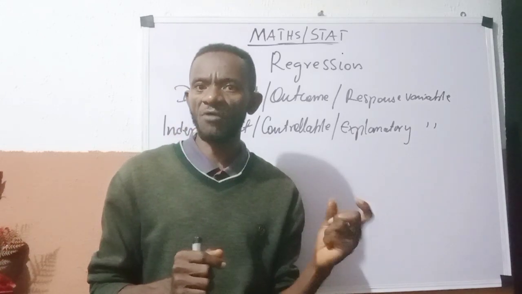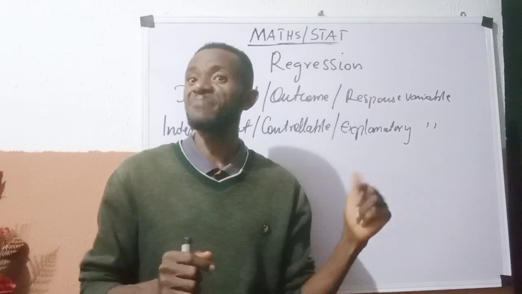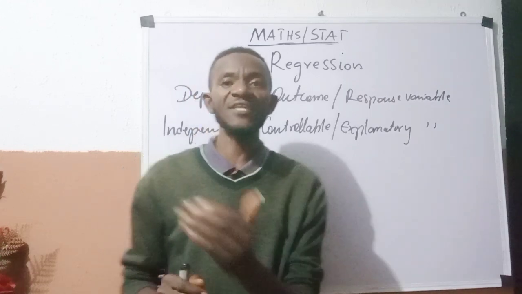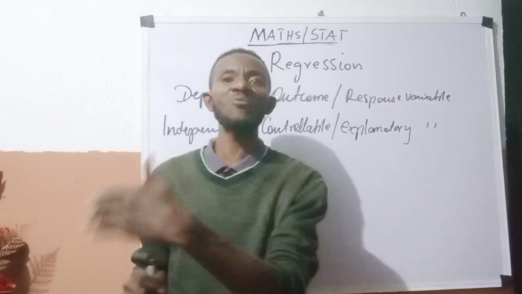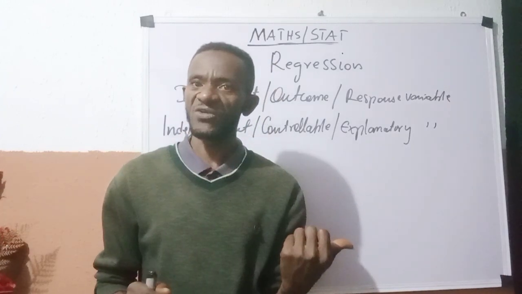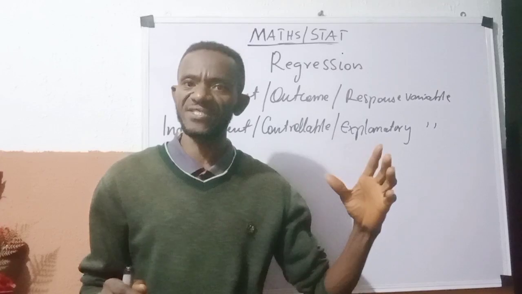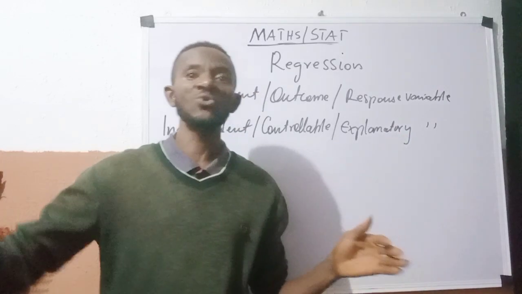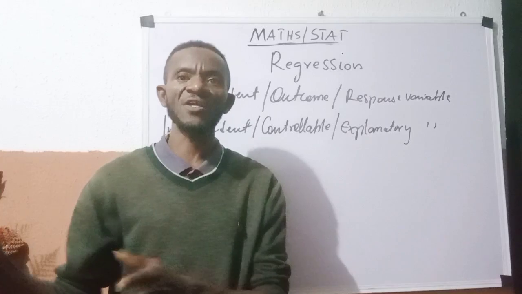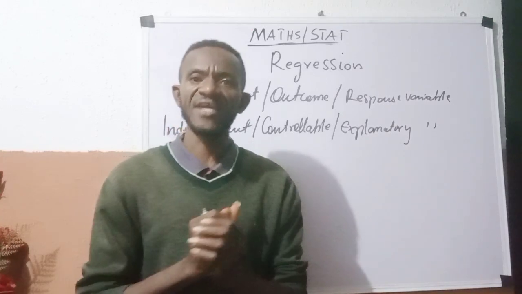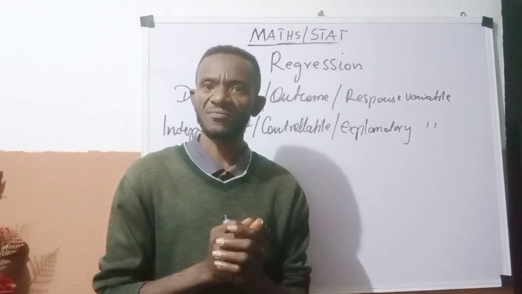So the growth of the maize is the dependent variable in this experiment, while the fertilizer and the volume of rainfall are the independent variables. So you are trying to predict the growth of this maize based on these two variables, the fertilizer and the quantity of rainfall.